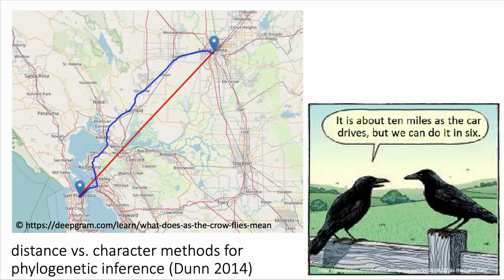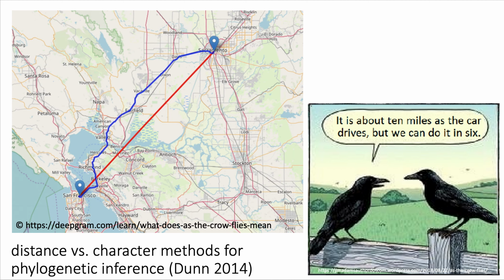More popular, however, are so-called character-based methods. I'm going to give a long quote from Dunn, 2014, that illustrates the difference between distance versus character methods really well. He writes, "An alternative family of approaches to phylogenetic inference, known as character-based models of change, estimate the relationship between 2 languages by inferring the pathway by which each evolved from their common ancestor.